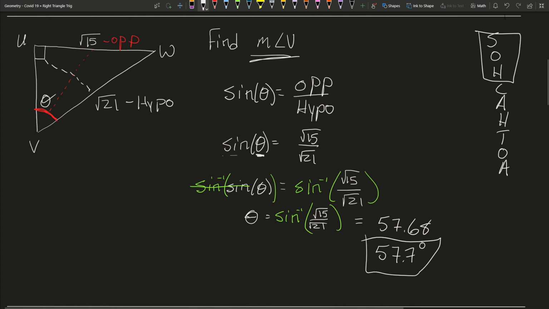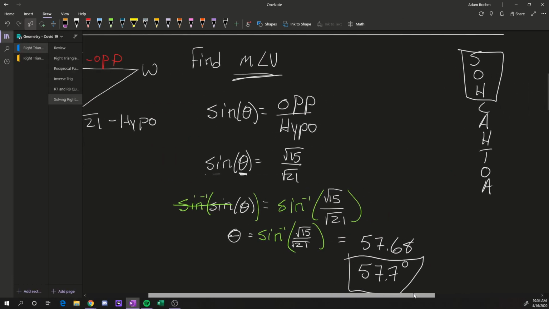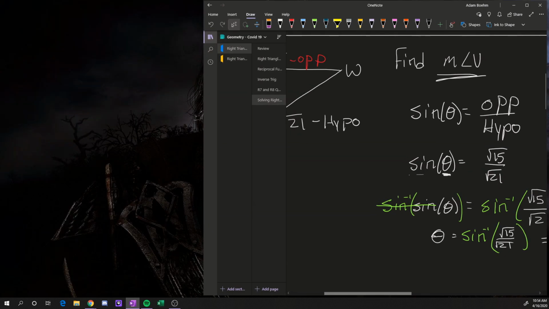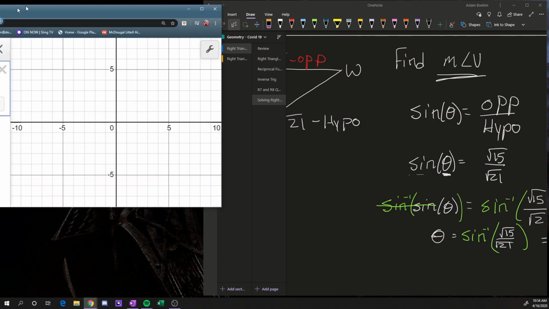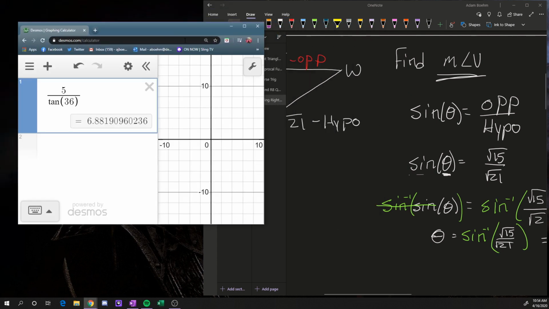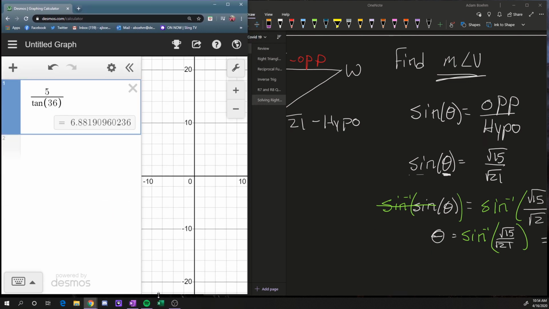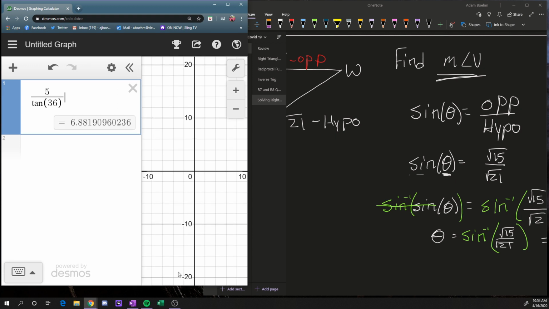Okay, if you're doing this on Desmos, and again on both Desmos and a calculator, we need to make sure we're in the correct mode. We need to be in degrees.